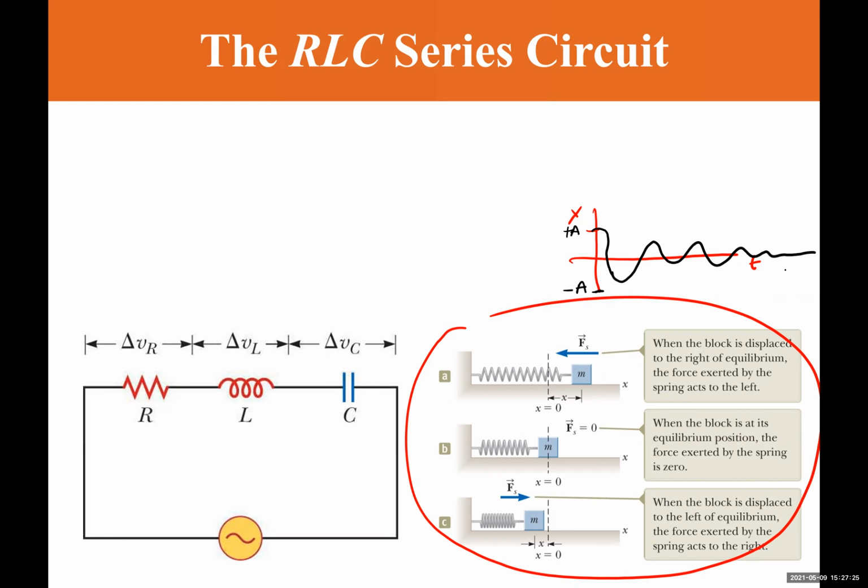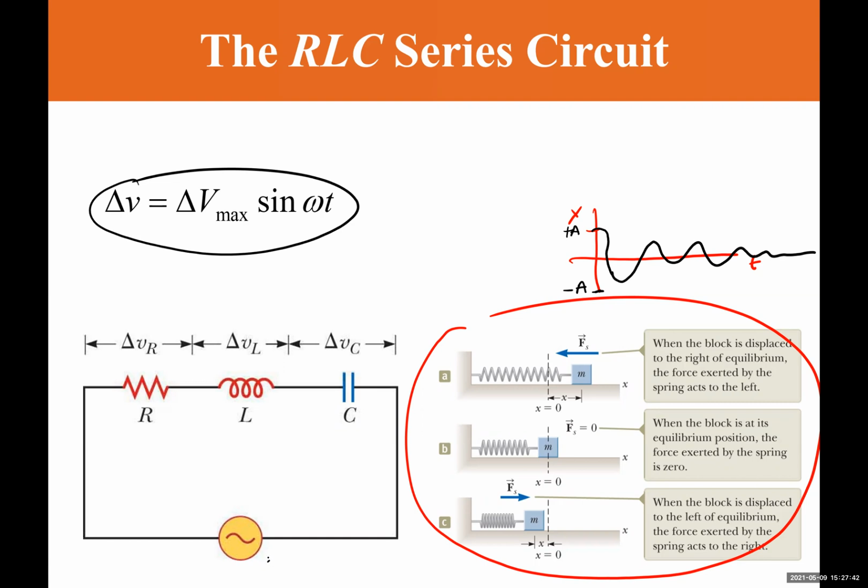All right. In this RLC circuit, we have a function generator that gives us delta V equals delta V max sine omega t. That is what we get from a function generator.